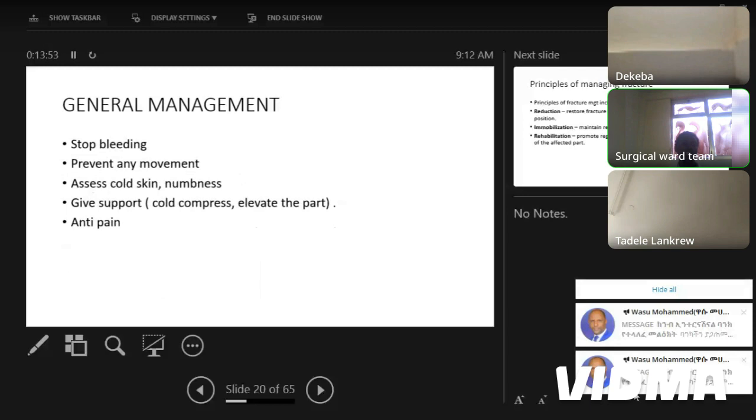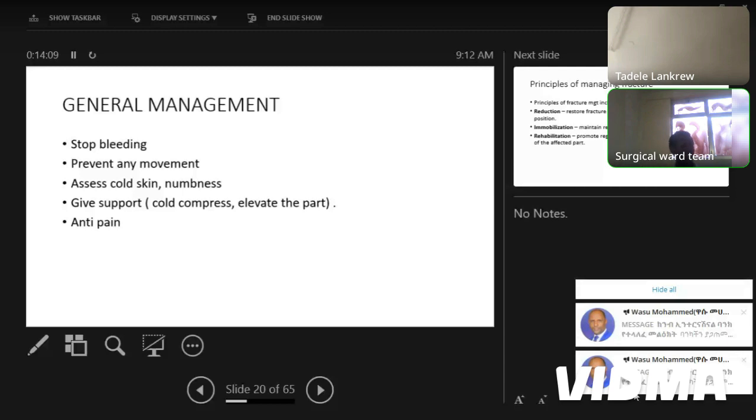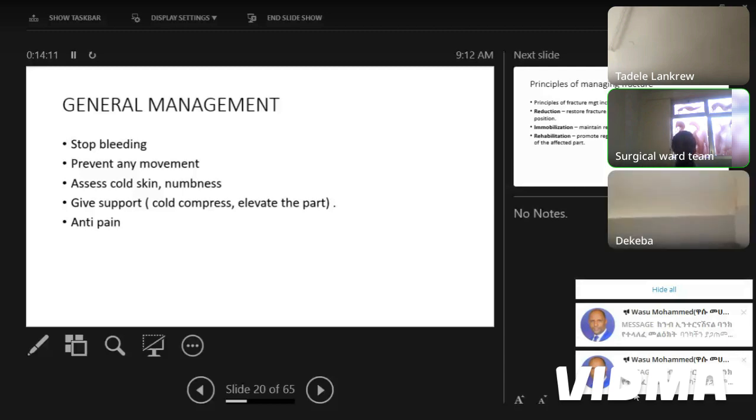When we come to general management of fracture, first stop the bleeding, or hemostasis, and prevent any movement. Immobilize, and assess for cold skin, because when the bone fractures, it may affect what? Nerves. If it affects nerves, there is no blood circulation.